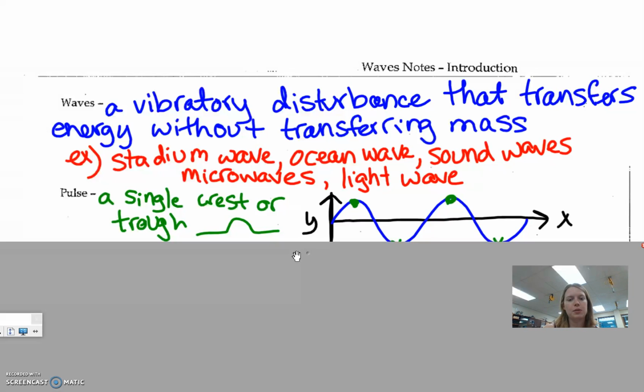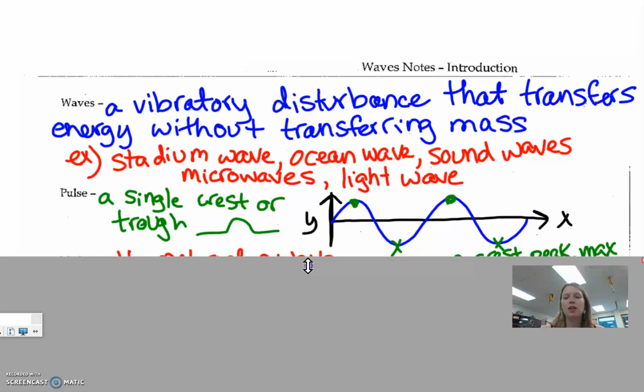A single crest or pulse of energy disturbance moving through a medium is called a pulse. And you can think of waves, we'll draw them a lot of the time, almost like a sine curve in trigonometry. We start out with a 0-degree phase, and then 90 degrees, 180, 270, 360.